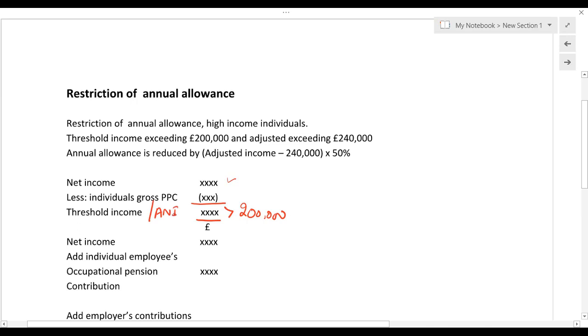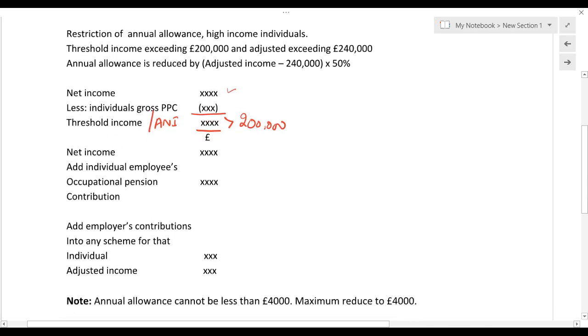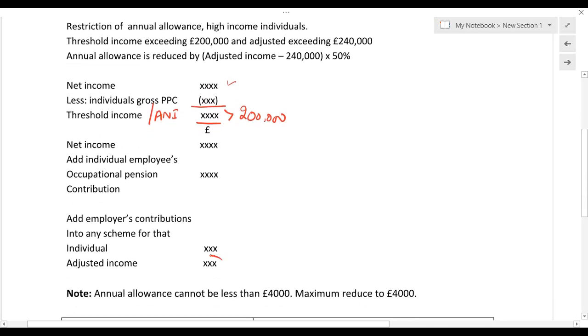If threshold income is more than 200,000, and second, adjusted income must be more than 240,000. Only if both are met does annual allowance limit start reducing. Let me first explain how we calculate adjusted income.